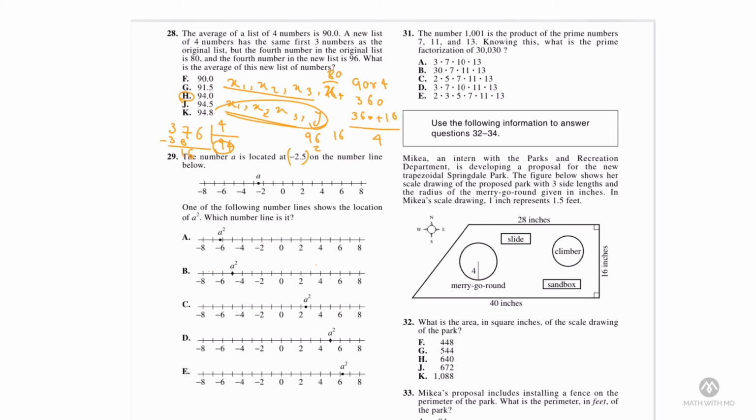So A is not the answer, B is not the answer, so it's either C, D, or E. Now 2.5 times 2.5, if you multiply them, I didn't put minus because it doesn't matter, it's squared, so it's going to be positive anyway. So it's going to be 6.25. 6.25 is here, so E is the answer.